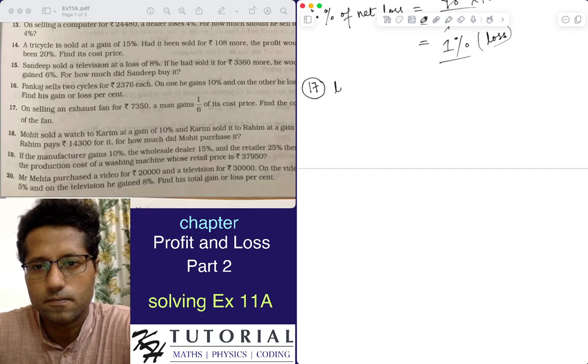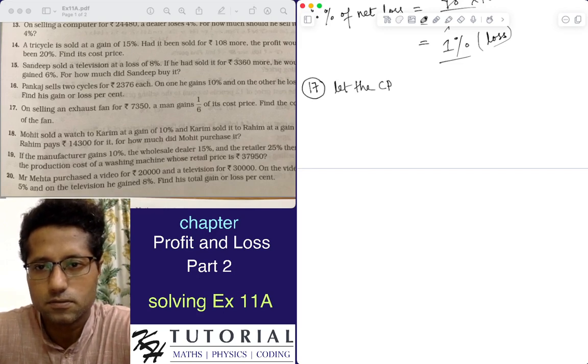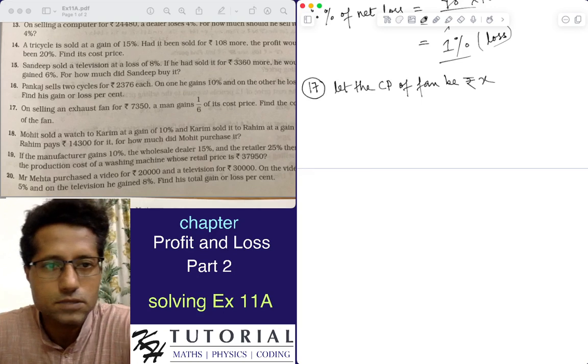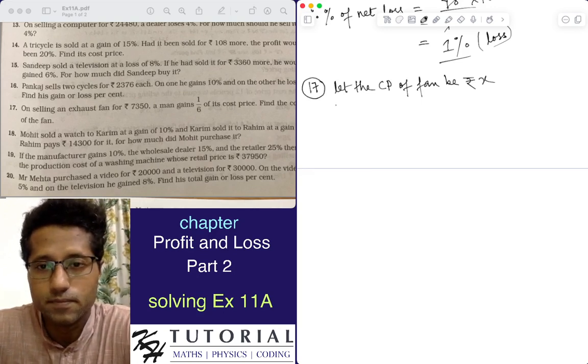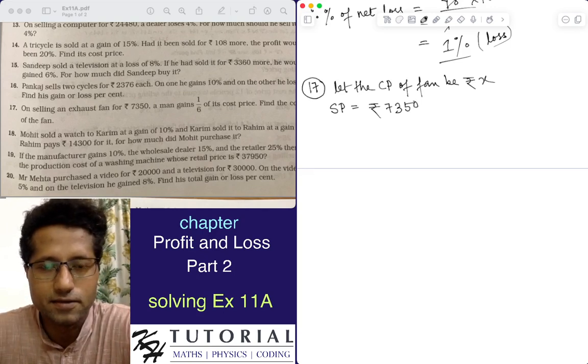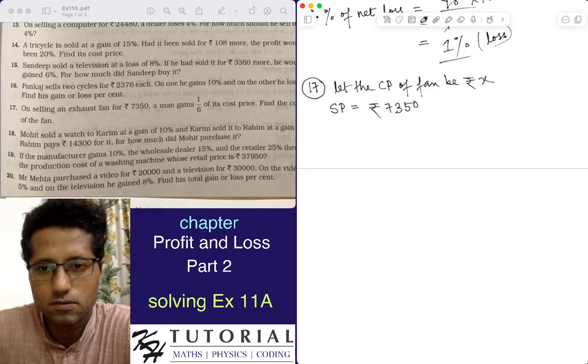So let the cost price of the fan be rupees X. Now, on selling an exhaust fan for rupees 7350, so selling price is given to be 7350, and it is also given a man gains 1/6 of its cost price.